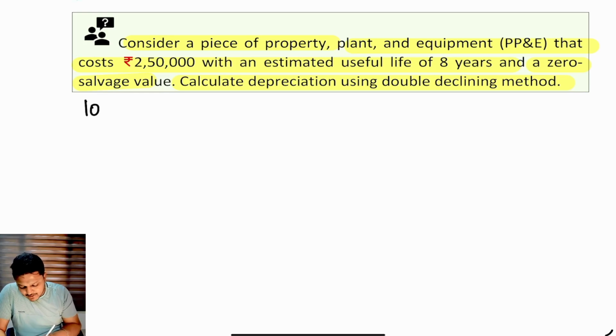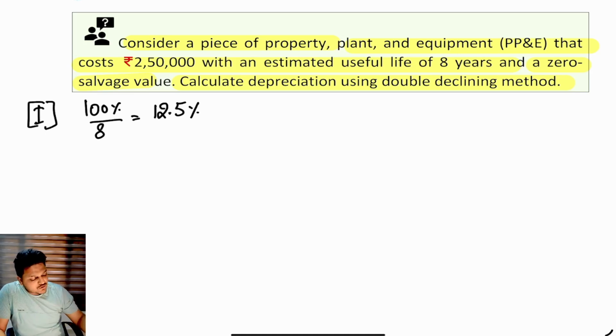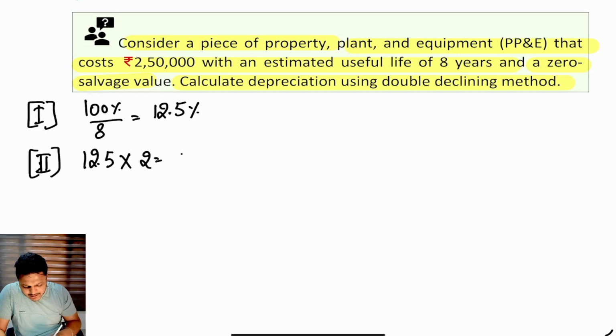So the first step was the same, use the SLM method to calculate the percentage. It is 100 divided by 8, which came out to be 12.5%. Now step number 2, double this percentage. So 12.5 multiplied by 2 is equal to 25%.